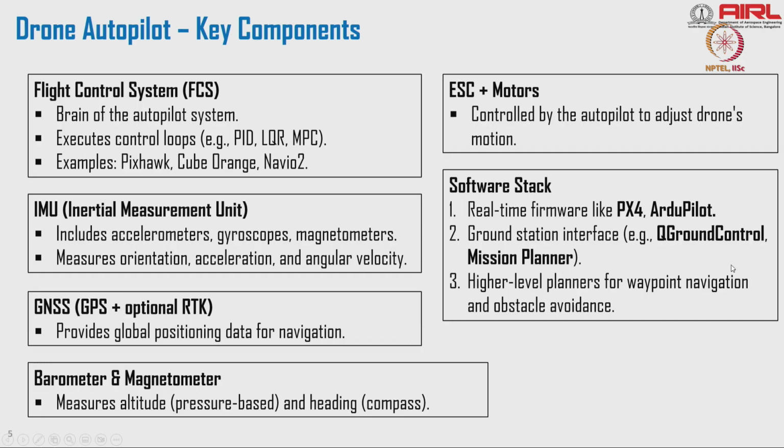High level planning you do there, but waypoint navigation has to happen in the brain. Obstacle avoidance has to happen. So only these sensors are not sufficient. You need additional sensors. You may need a camera, a lidar, a radar. We need all these sensors to see my environment, whether my environment is safe enough for me to operate.